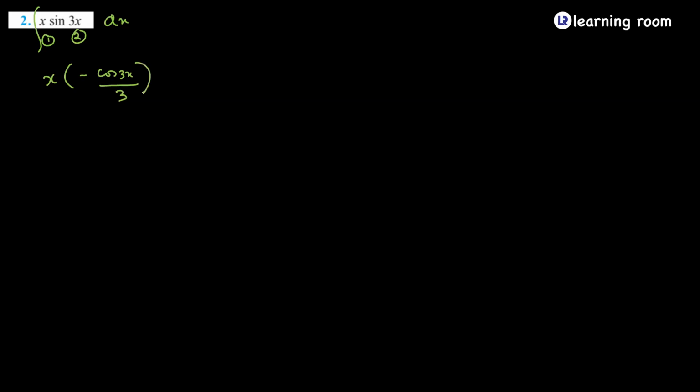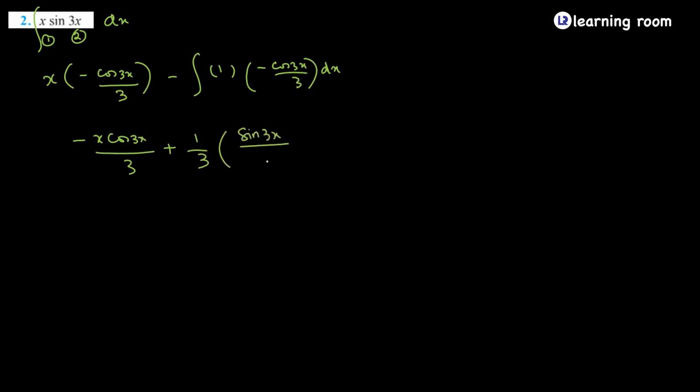So minus cos 3x divided by 3 minus integral of, what is the derivative of x? 1. And you write it as it is. Minus cos 3x divided by 3 times dx. So answer will be minus x cos 3x divided by 3 plus 1 by 3 into, what is the integral of cos 3x? Integral of cos 3x is going to be sin 3x divided by 3 plus c.